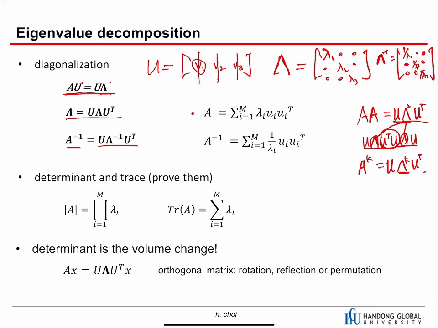Element-wise, we can understand this equation in this way too. And when we calculate the determinant of a matrix, it is simple too if we have an eigen decomposition.